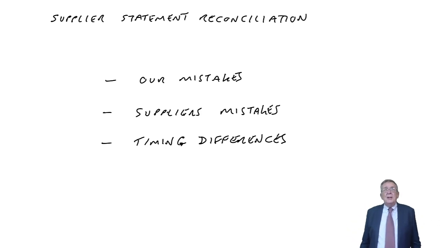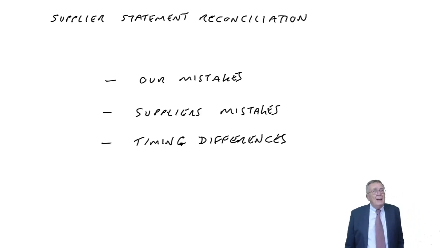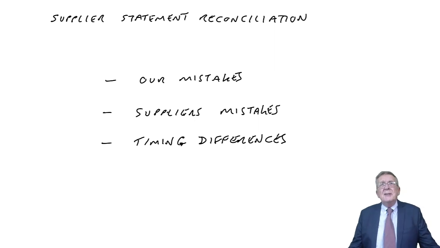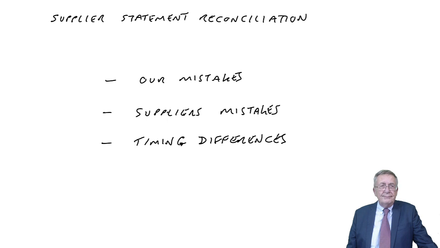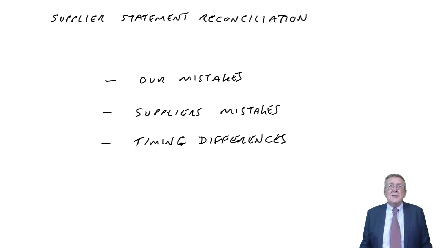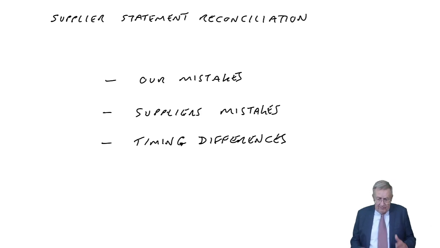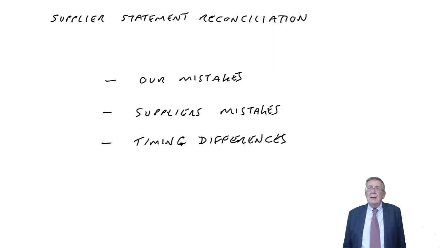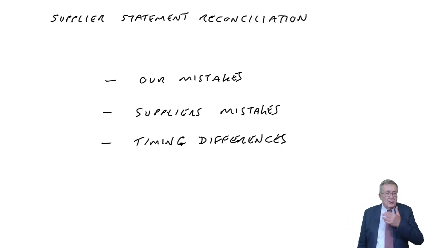And the reason these can occur is, suppose the supplier sent us goods a few days ago for 1,000. And so they've sent the goods, they've prepared an invoice, and they think we owe 1,000. But we haven't yet received the goods, and we haven't yet received the invoice.